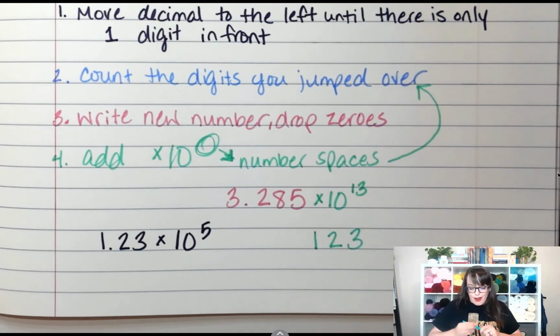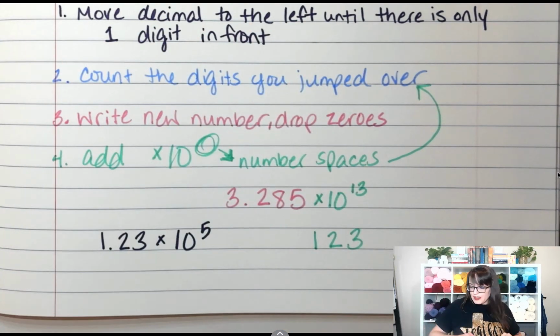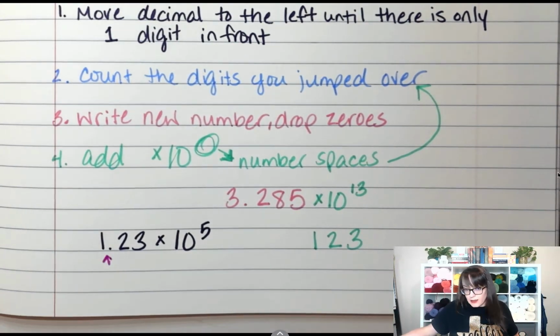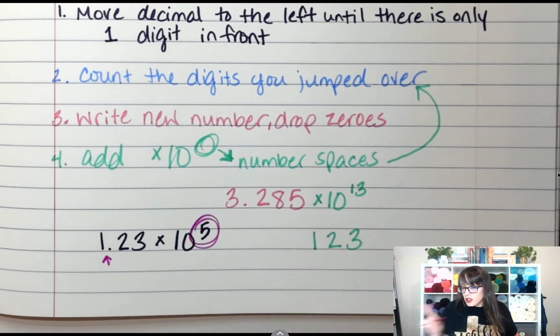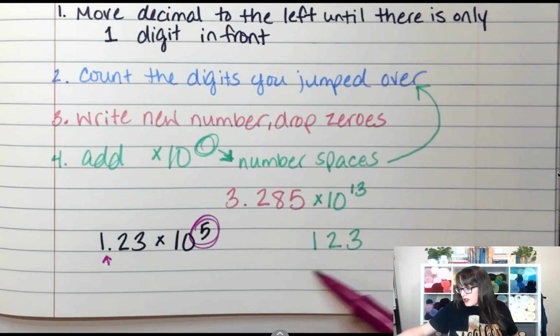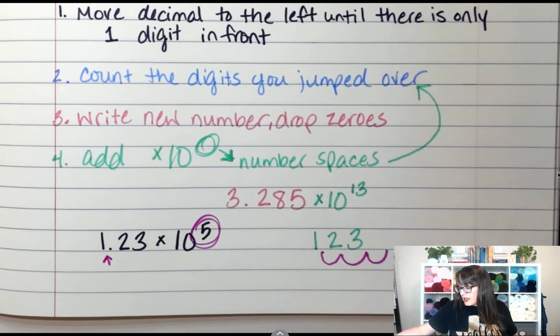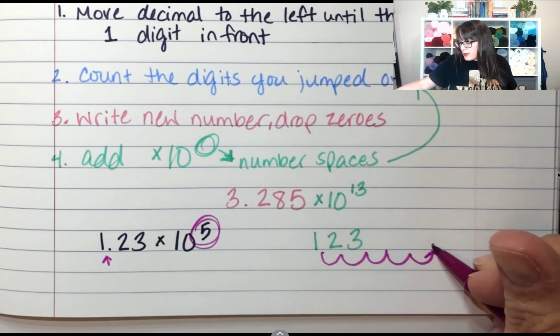And now I need to go backwards. If I went left, the opposite of left is to go right. So if I start here, this is my starting point, I need to move 5 spaces to the right. So I'm going to go 1, 2, 3, 4, 5. Put a decimal.